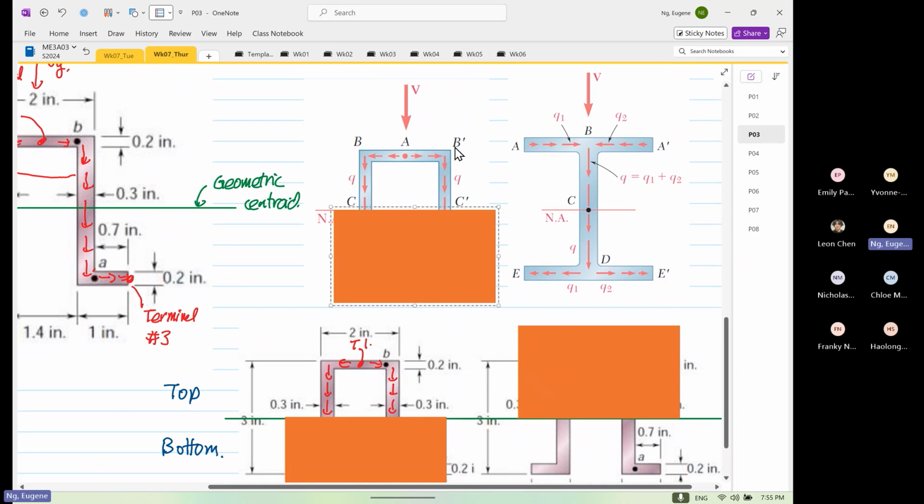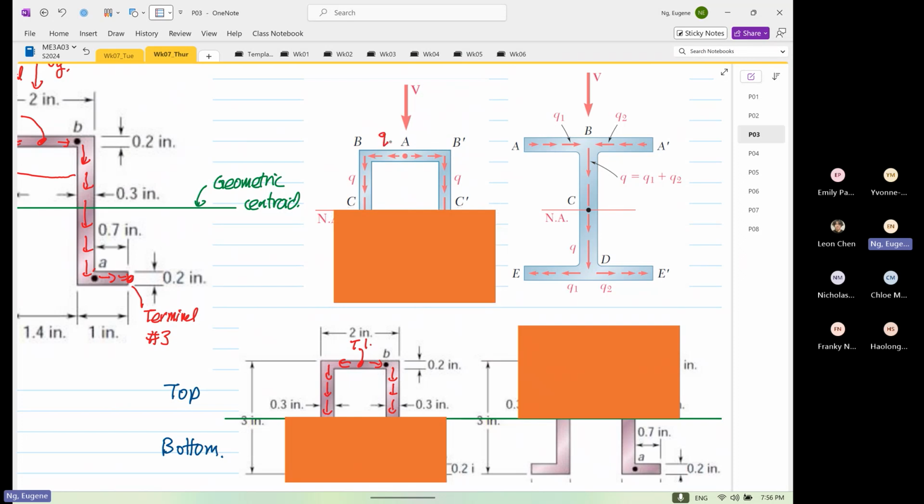You can see that it's the same. We can have the concept of covering the bottom part because the first moment of area cannot cross the geometric centroid. So the top, what we have is the shear flow on the left, and then the other one flows towards the right, right? One Q goes towards the left, one Q goes towards the right.